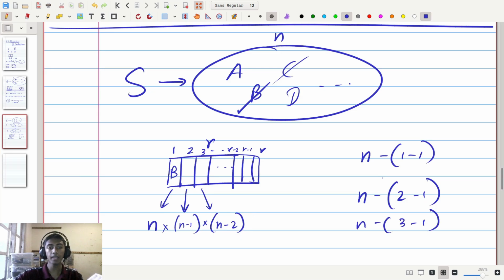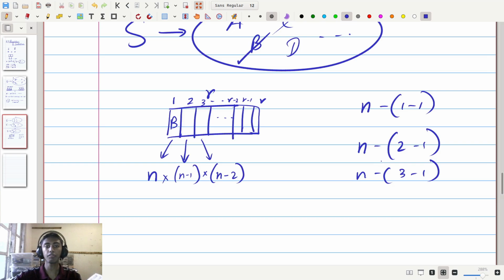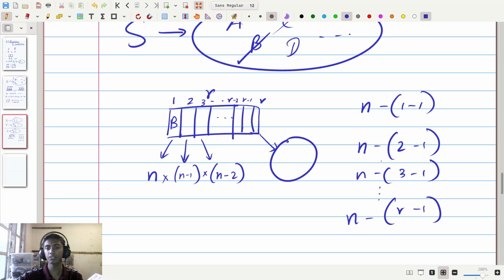Then for the final choice, according to our formula, it has n minus the number of the choice, which is r in this case, minus 1 total choices. So this last item is going to have n minus r minus 1, or n plus 1 minus r total choices. I could write it as n minus r plus 1 total choices for this last item.